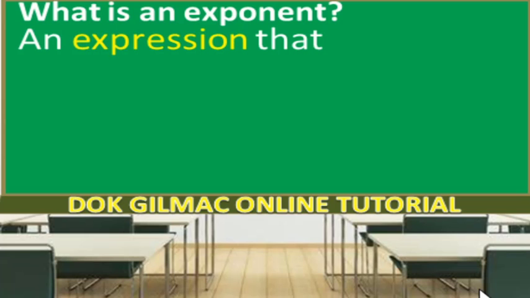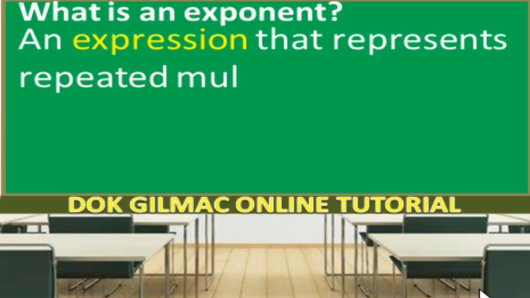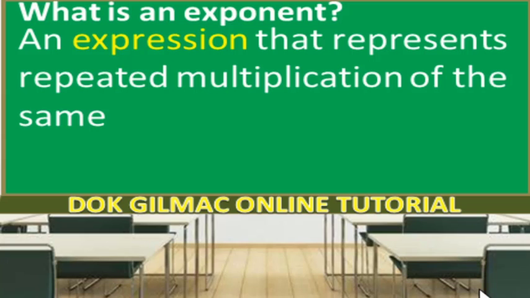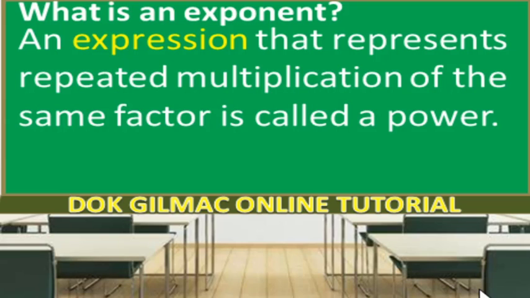What is an exponent? An expression that represents repeated multiplication of the same factor is called a power. Consider a times a times a times a times a times a, or simply repeated multiplication of a.